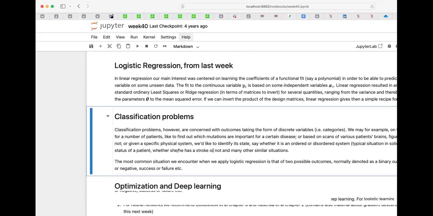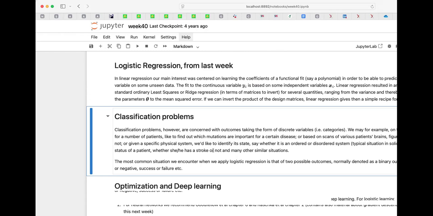Let me remind you about some of these things, because the logistic regression equations are the first encounter after lasso regression where we don't have an analytical expression for the unknown parameters we want to train. And in this case, as in basically all cases, except for simpler cases like ordinary least squares and ridge regression, we simply cannot find an analytical expression and then solve it easily.